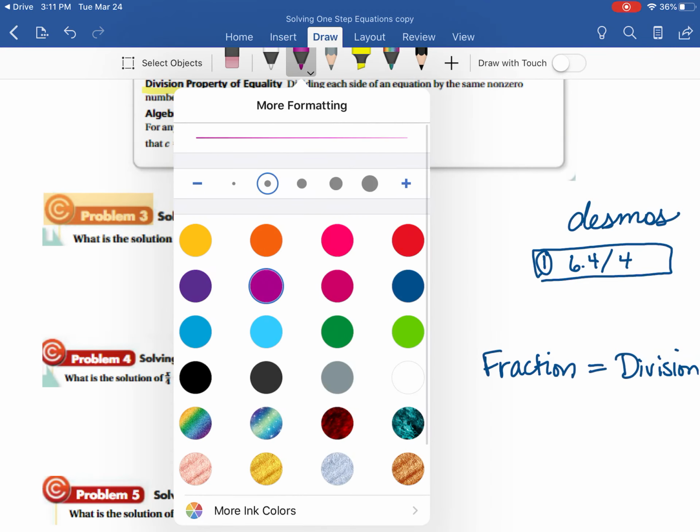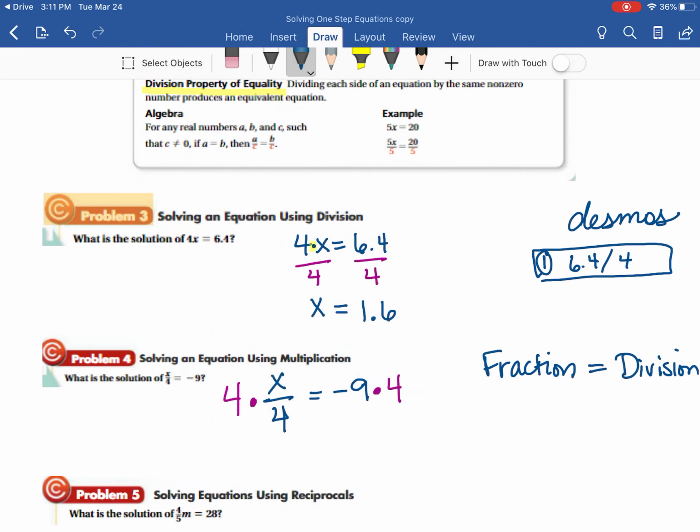Multiplying by 4 and dividing by 4 are inverse operations. It's a multiplicative inverse, and I know that value is 1, so I'm left with just x on this side. And then -9 times 4 is negative 36. So that's the answer for that one.